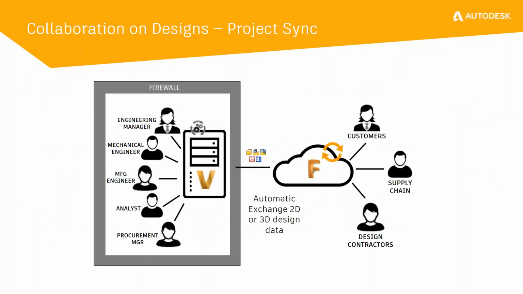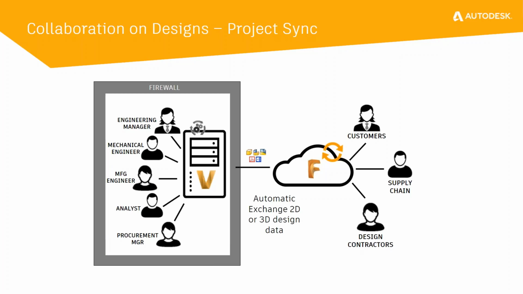Now, to address such a challenge, customers would typically email, maybe they might copy the data to an FTP site, or maybe they're using some sort of file sharing solution such as Dropbox, OneDrive, or Box. Now, the challenge here is that these solutions are not CAD aware and often can't handle CAD references when sharing such data, and this often leads to lost information.